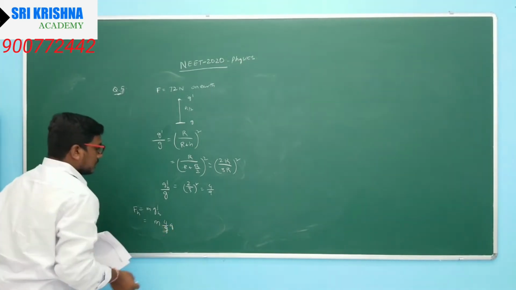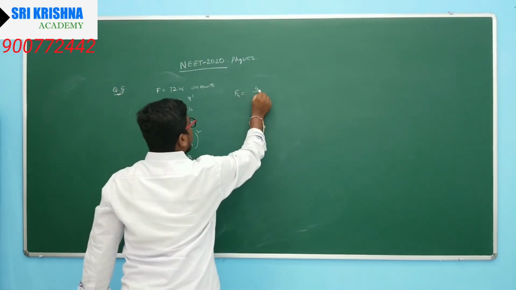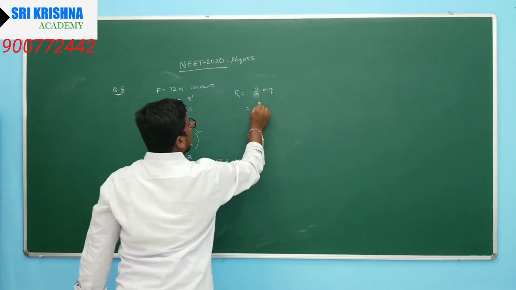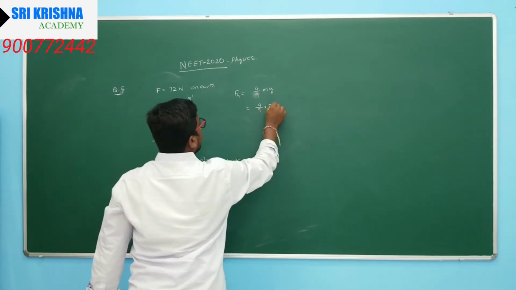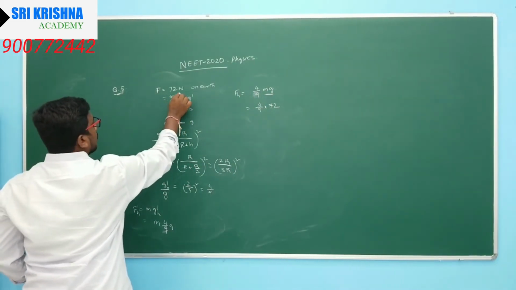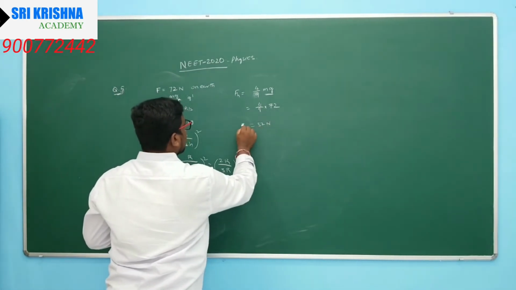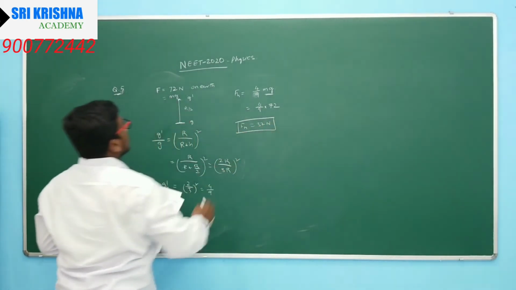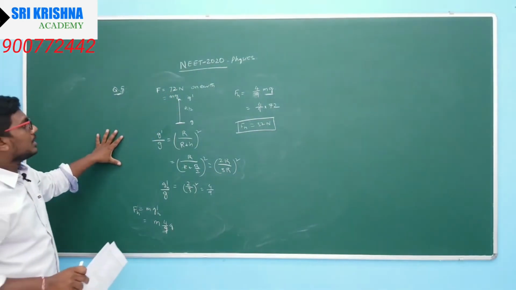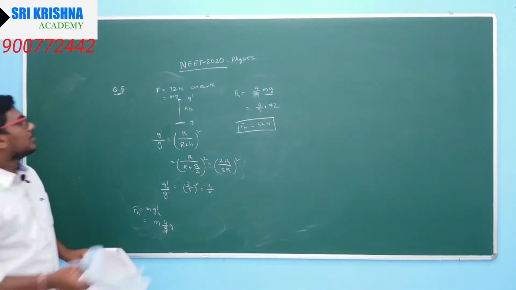So Fh is nothing but 4 by 9 into mg, and mg is given as 72 newtons. So 4 by 9 into 72 will give you 32 newtons. The NEET syllabus is simple. If you remember the formula, there won't be any twist in the question. It is direct formula based.